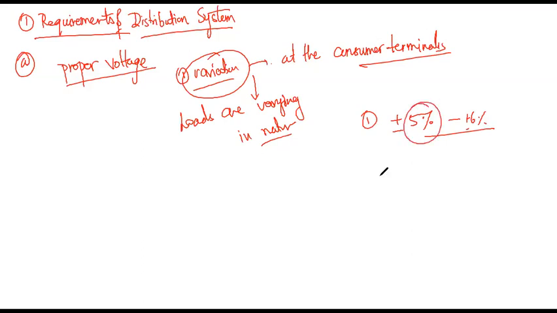If I have 230 volts, you may have plus or minus 5% variation. Any variation higher than this will definitely cause problems to the distribution system. So the first one is the proper voltage level that needs to be maintained.